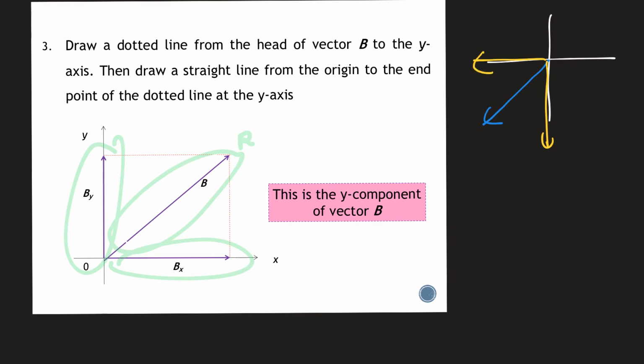Before you start your calculation, please resolve the force first, because you want to see which direction the x component and the y component go, whether it's negative or positive, upward, downward, left or right.